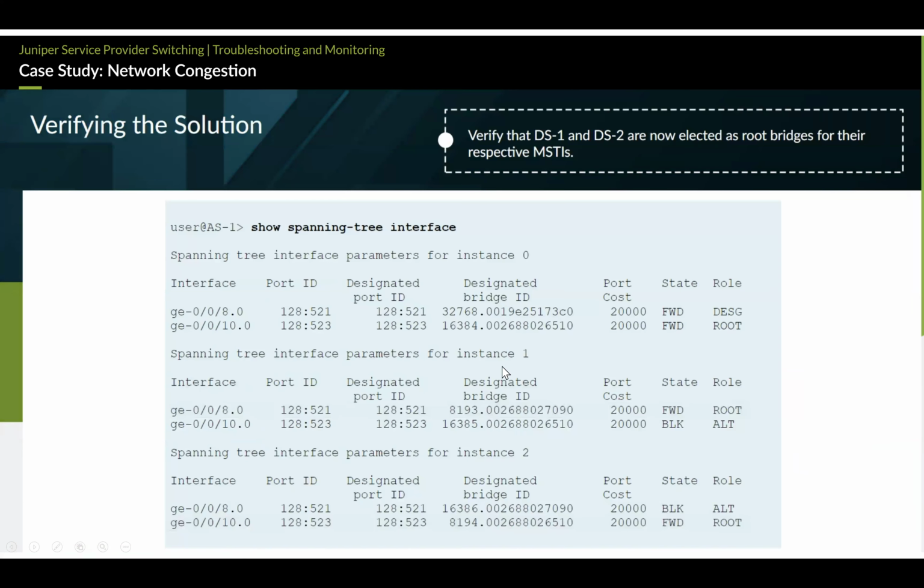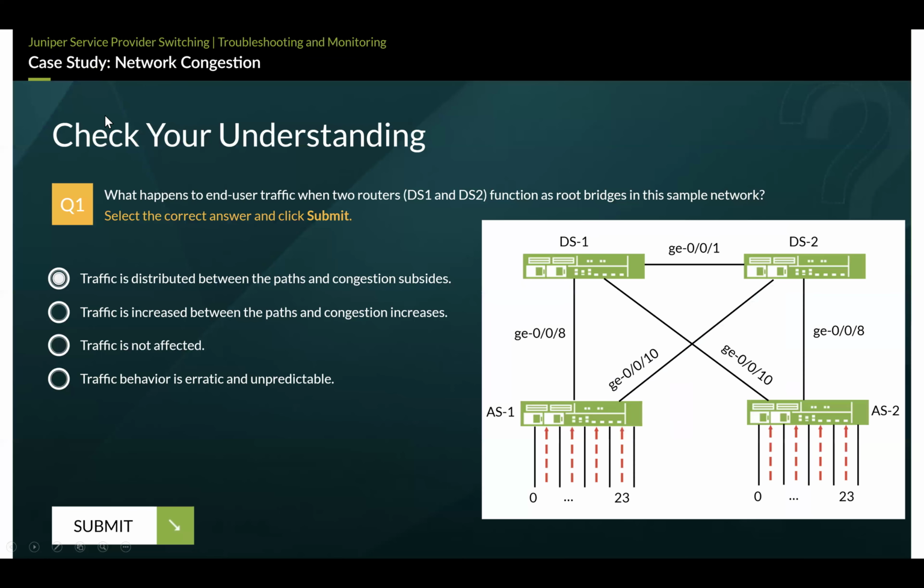Okay, let's now find the question and answer section of the case study. Question 1: what happens to end user traffic when the two routers, DS1 and DS2, function as root bridge in this network? Traffic is distributed between the paths and congestion subsides.